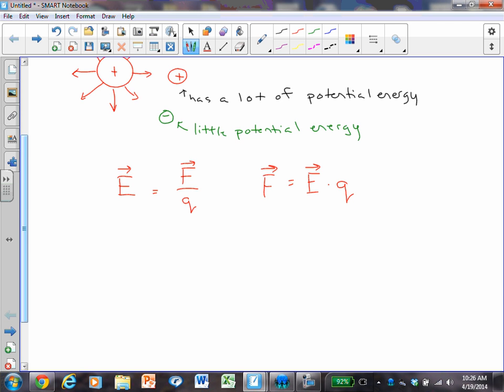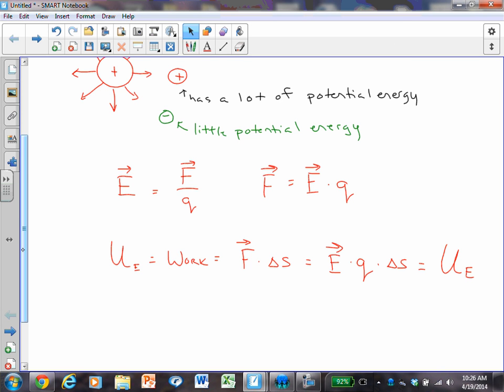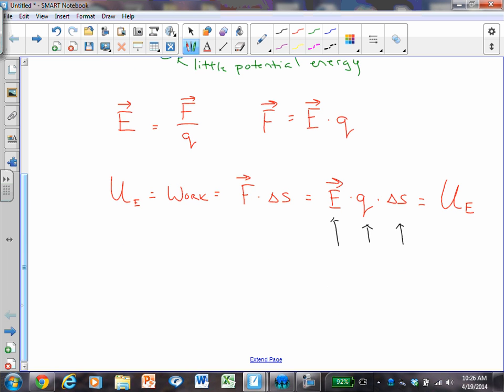Potential energy for electric equals work, which would be that force times delta S. But if the force is E times Q, that can be written like so, where that is our electrical potential energy, which is saying here you have a charge in an electric field that moves some distance. Okay? So let's look at an example for that.